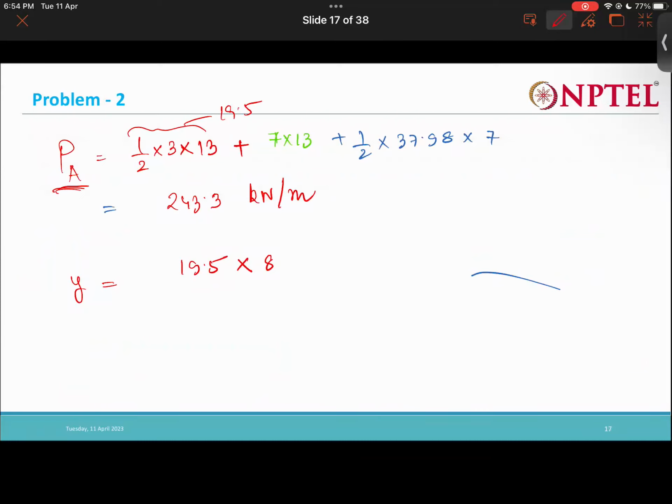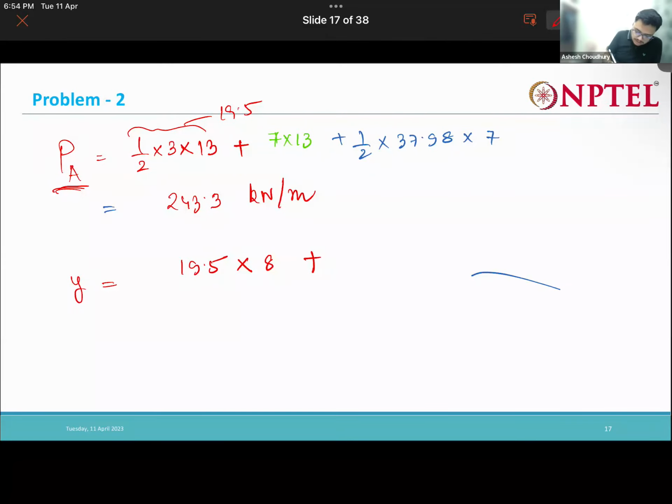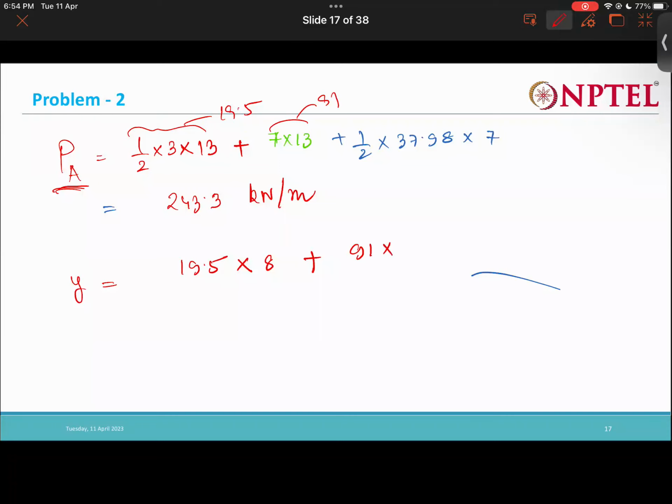Plus 7 into 13, 91. So 91 into 7 by 2, 3.5, plus what is this much? 7 into 37.94.